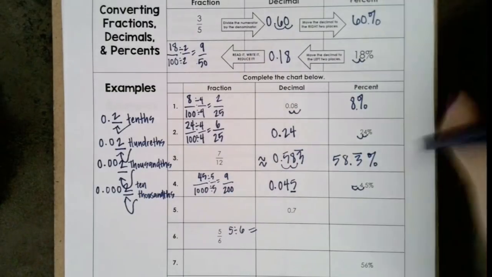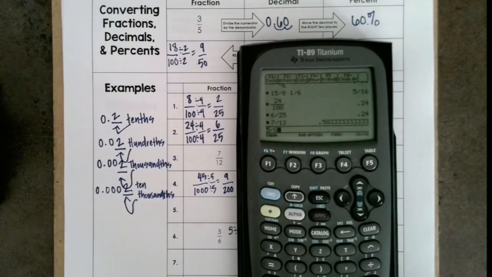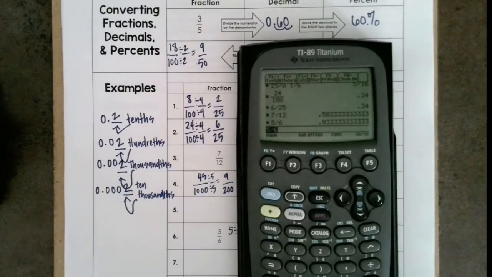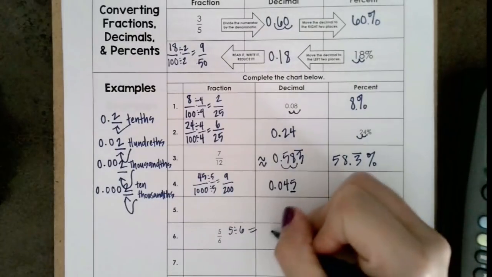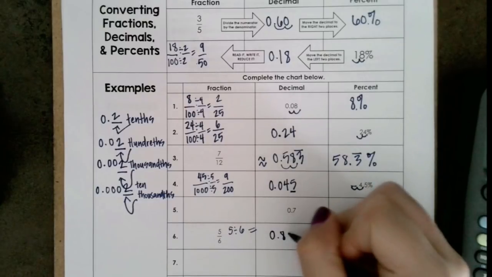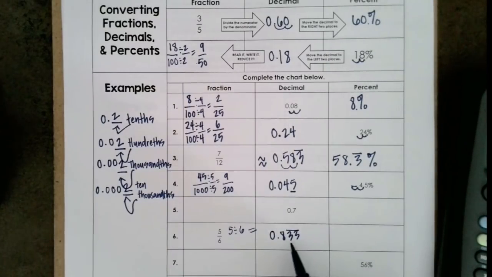So in my calculator, if I go 5 divided by 6, oh, it's another repeating decimal. Look at that. This time it's 0.833333333. So I'm going to put 0.833 repeating. Now you can do the 1 or you can do 2. It doesn't matter.